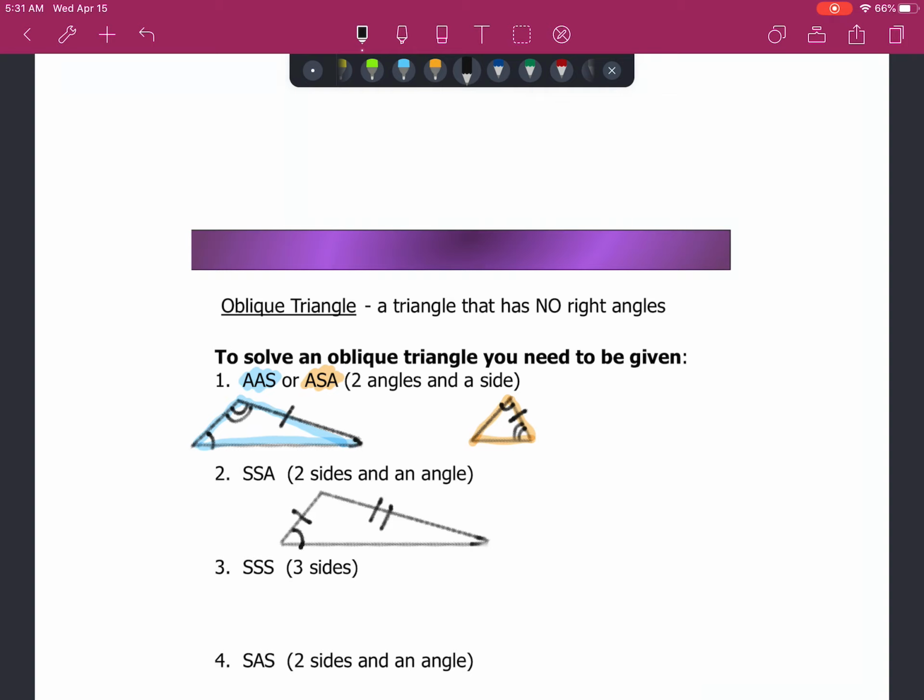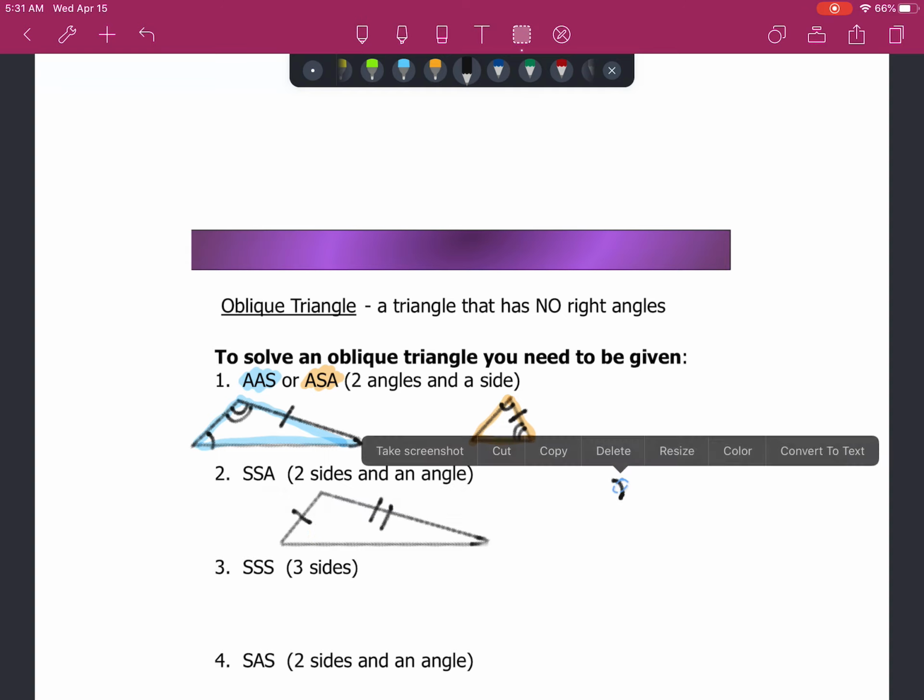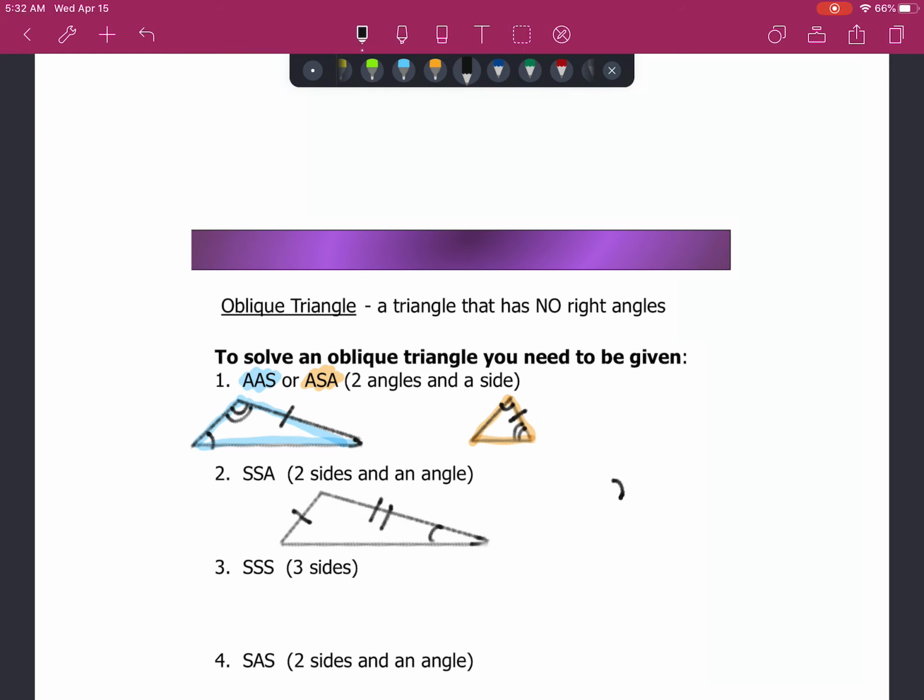It's got to be not included. So it's either that angle or it is this angle. So either one of those would be two sides and a non-included angle. The included angle, I'm going to draw it and then erase it. The included angle would be the angle that is between the two sides. That is not where this A is. This A is not between the two sides, therefore it's the not included angle.